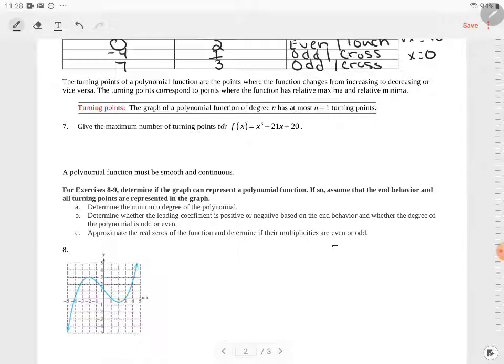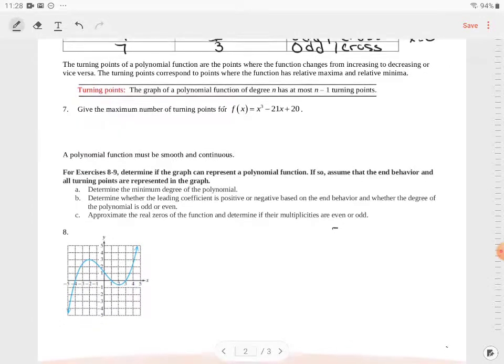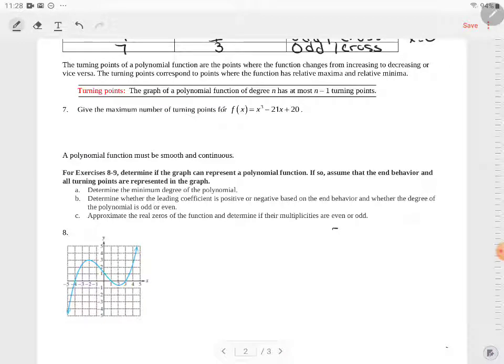Now, before we can graph this, we're just getting our different pieces of information here. We need to be able to find these pieces of information, then we can do a sketch without a graphing calculator. Okay, so the maximum number of turns is degree minus 1. I need you to memorize this for me: max number of turns is equal to the degree minus 1.